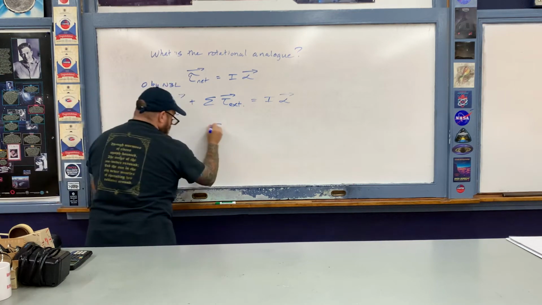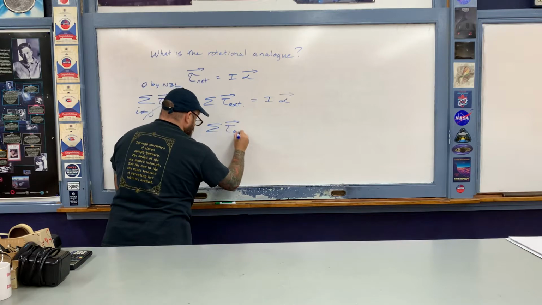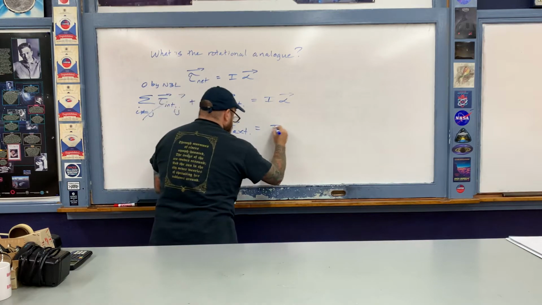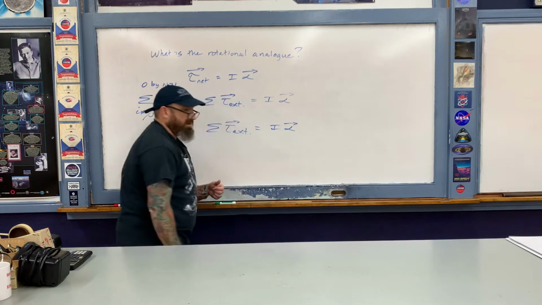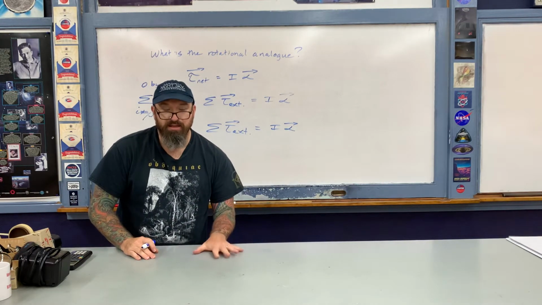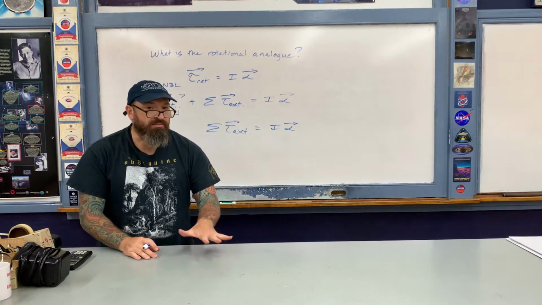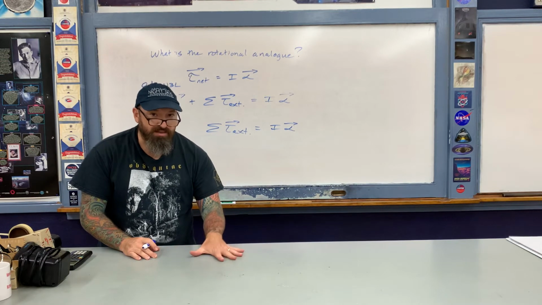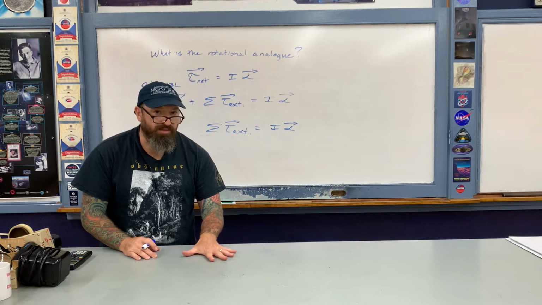And then therefore, the sum of the external torques acting on a system results then in the right-hand side of the expression. But there is a more general way in which we write the right-hand side of the expression, just like there's a more general way in which we write mass times acceleration when talking about Newton's second law in its translational form.